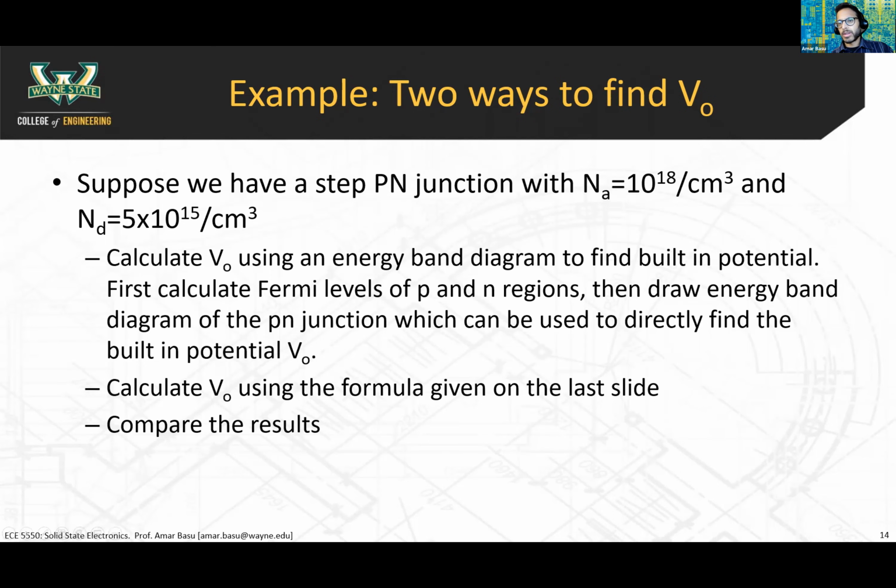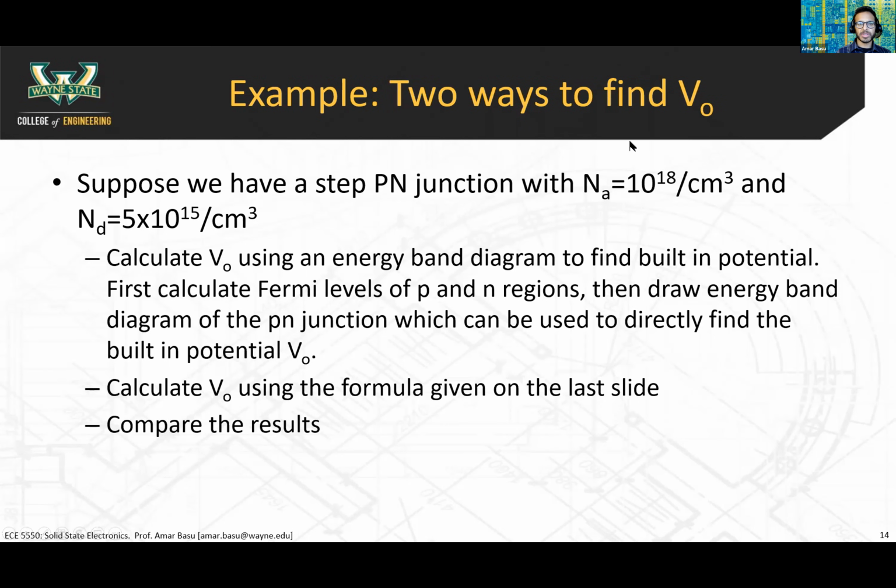So again, Corey and Janan, draw the energy band diagrams for the PN junction and see if you can figure out the built-in potential that way. Ali and Clayton, just go ahead and use the simple formula to figure out the built-in potential, and we'll compare the results. So I'll give you like 5 minutes to do that. Apologies, we'll end up going a few minutes over class, and we'll end after this example.